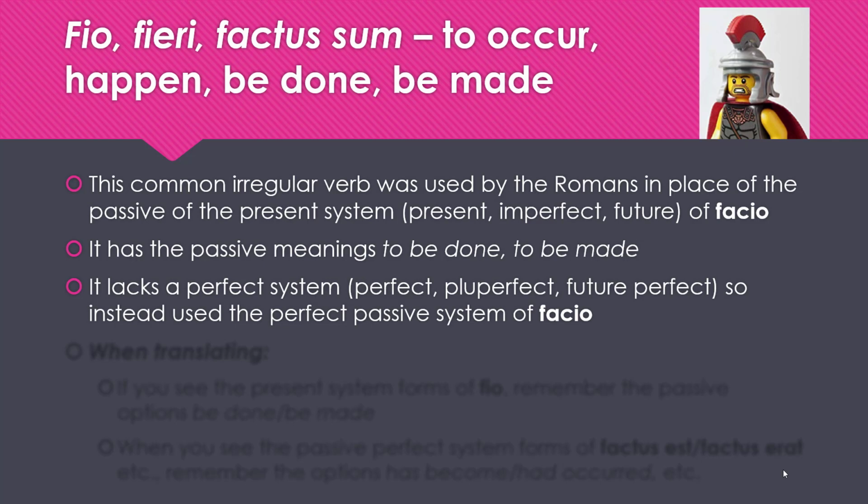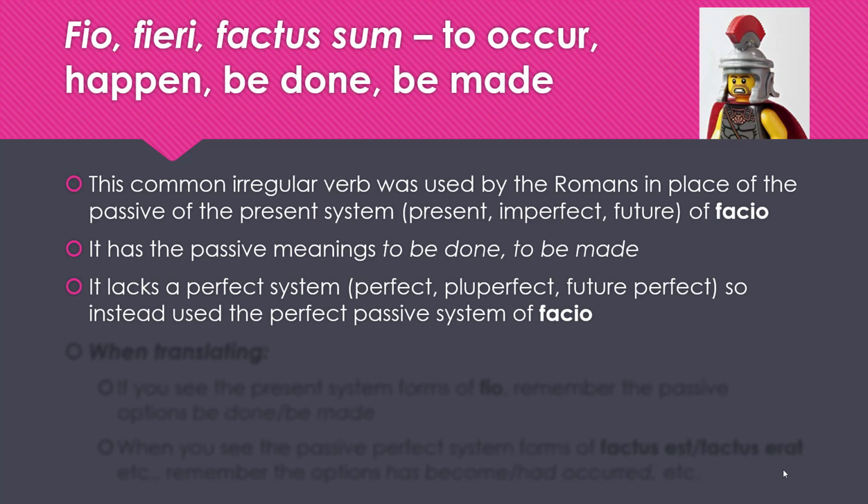Now, another way of thinking about it is maybe fio doesn't have a perfect, and facio just has this extra meaning of to happen or occur in its passive forms. However you want to think about it. Okay, that might make it more confusing than it needs to be, but that's really what's happening.